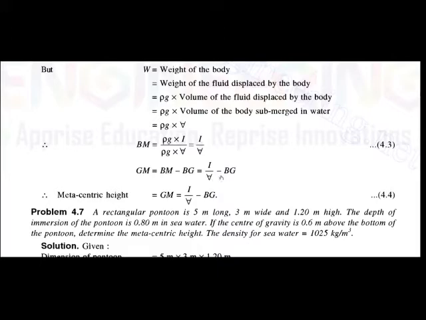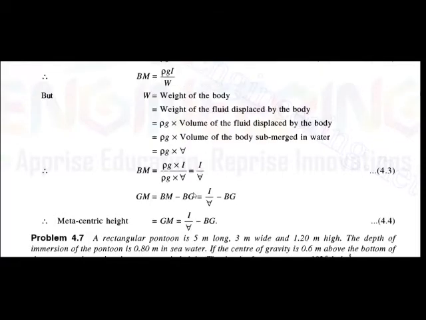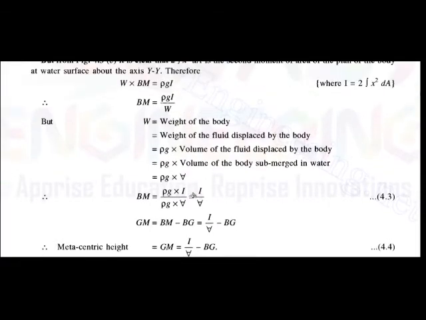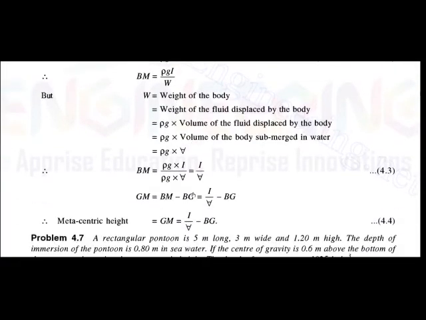So we get the value of metacentric height equal to I, that is the moment of inertia, upon the volume of the body submerged in the water, minus the value of BG. Okay, this is the metacentric height. Hope we have understood how to find out the metacentric height.